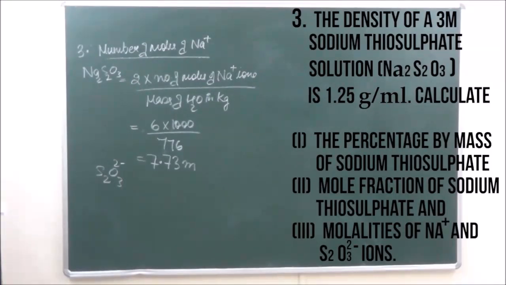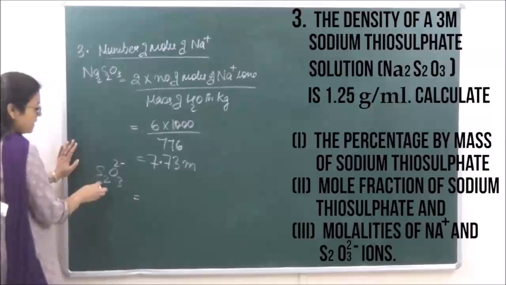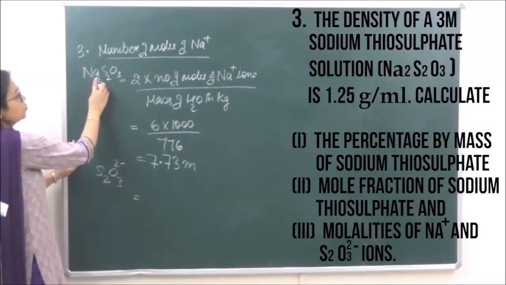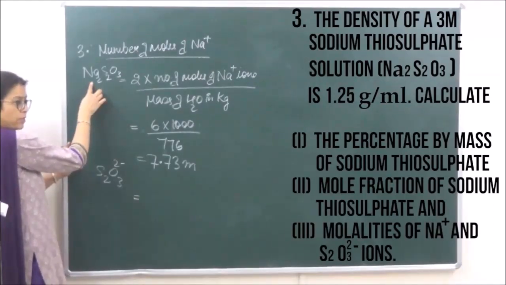The number of moles of sodium thiosulfate calculated was 3 moles. So 3 into, because over here we have S2O3 only 1 mole is present. In Na2 we multiplied it by 2 because 2 ions of sodium were present.